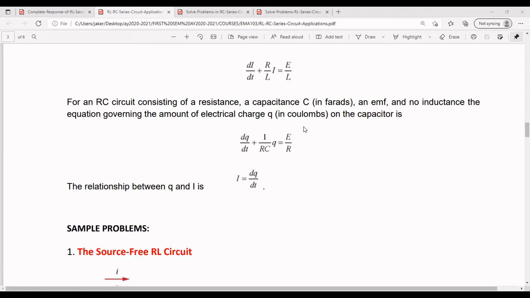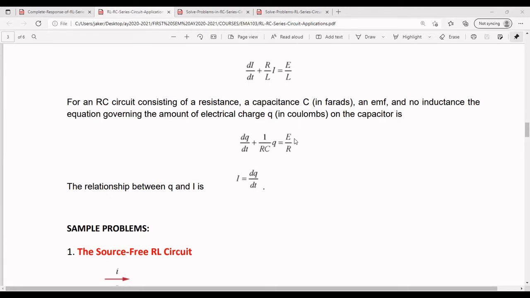The derivative, as you can see in here, is the rate of change of the charge in your capacitor with respect to time. You have the second term to be Q over RC, and you have E over R on the right side. Same as on the RL circuit model DE, you have the electromotive force in here.